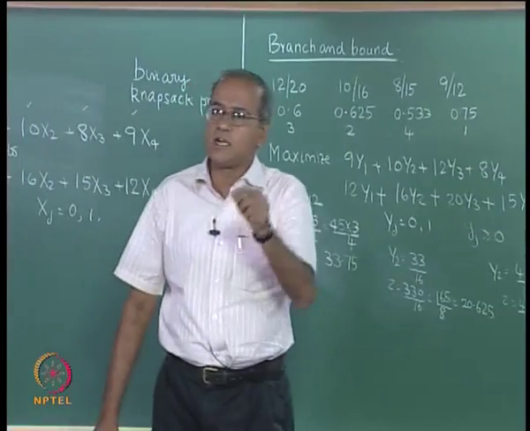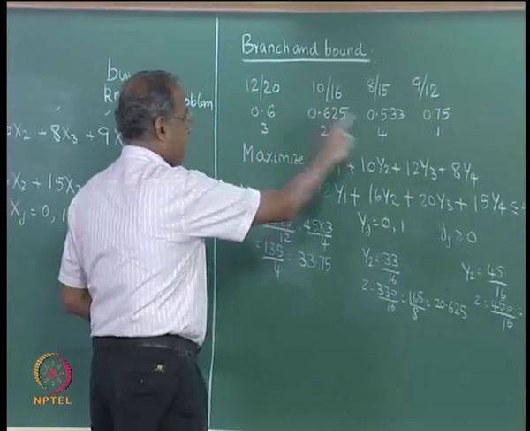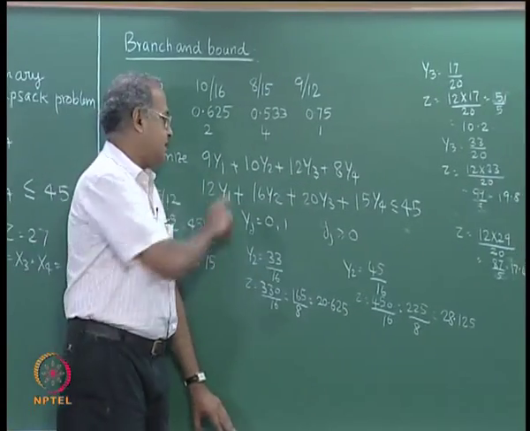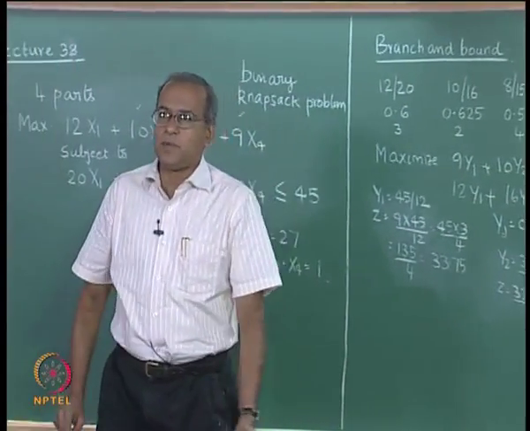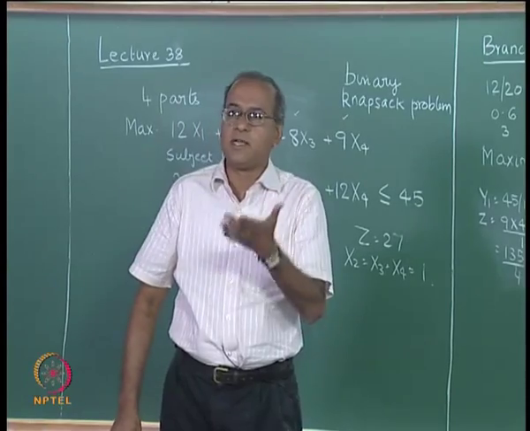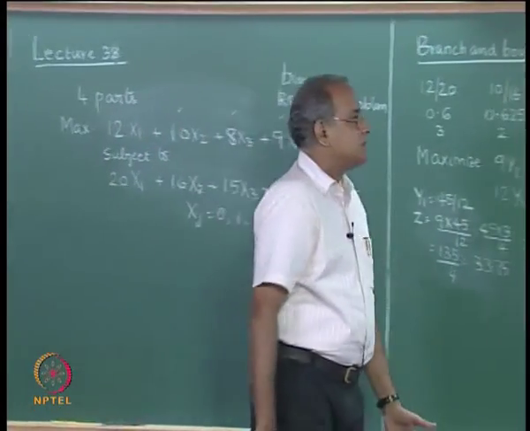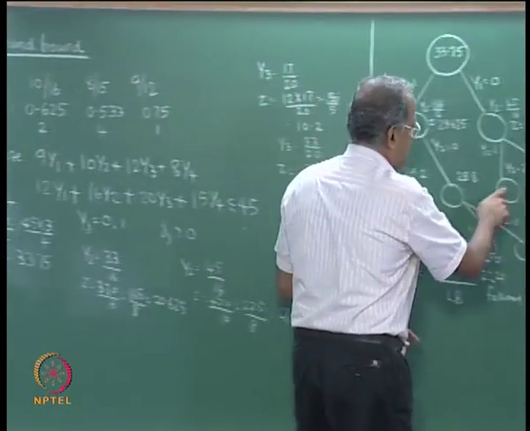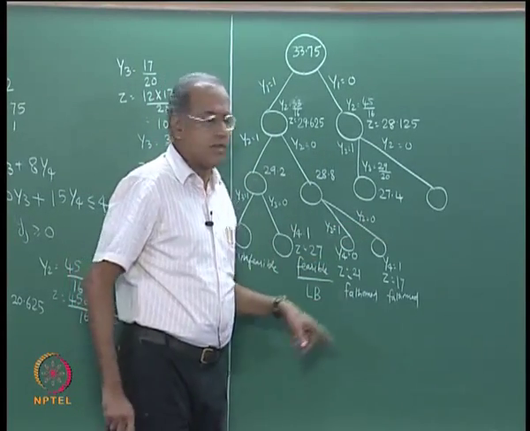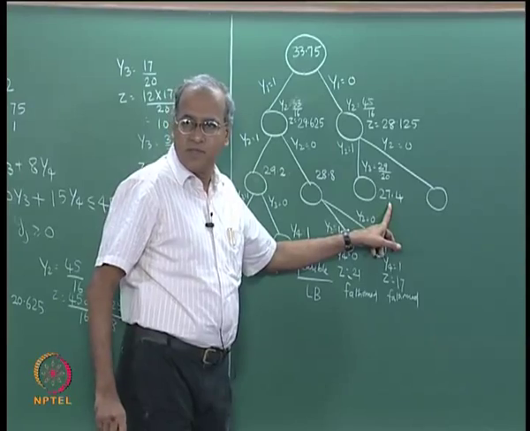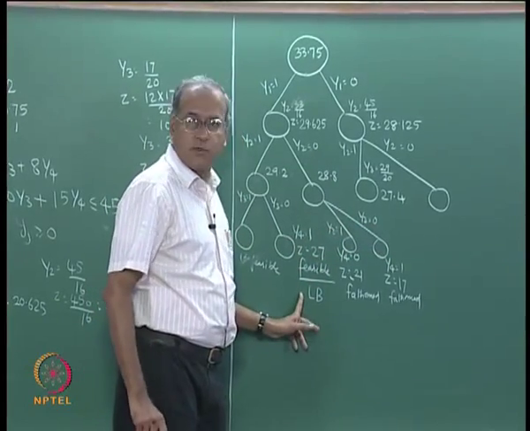So, now we use the condition, since it is a binary problem and all these objective function coefficients are integers. So, at the optimum the objective function value has to be an integer. So, if we proceed from here, we can only get the lower integer value of this or less. We could get 27 or less. We already have a solution here with 27.